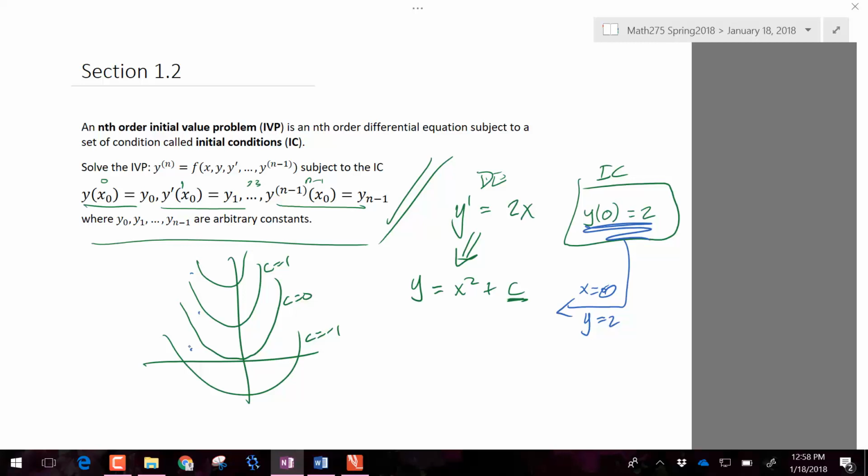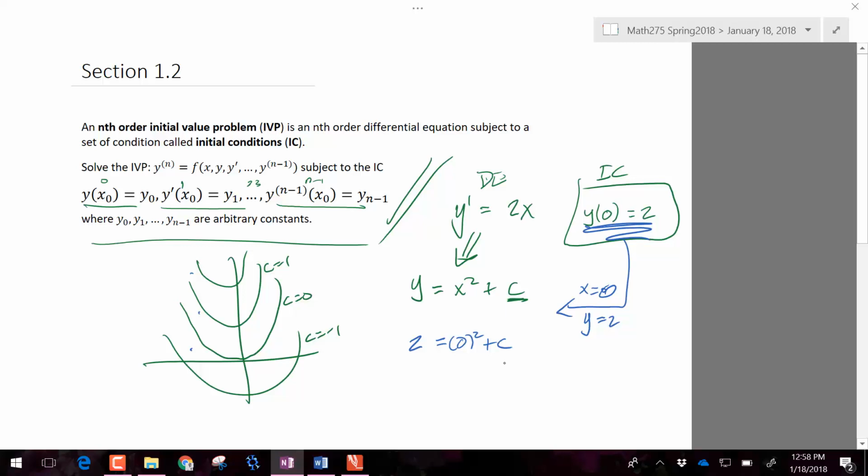So if we put y is equal to 2, x is equal to 0, we can get an idea of which one of these particular curves we're looking for out of the family of curves.